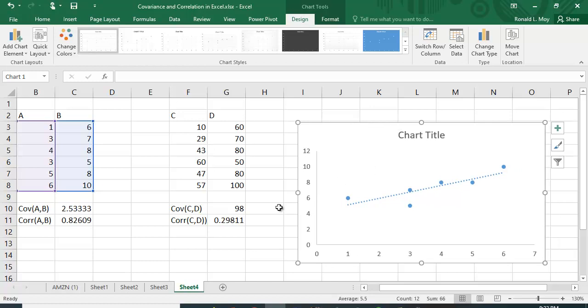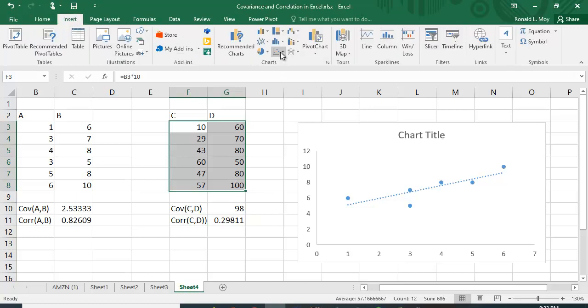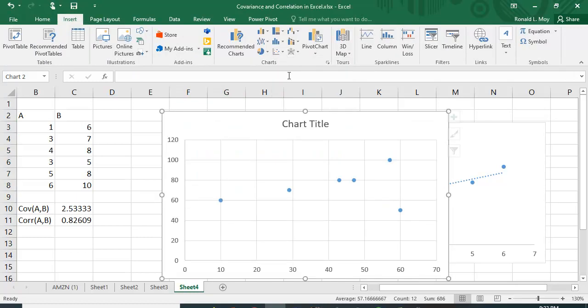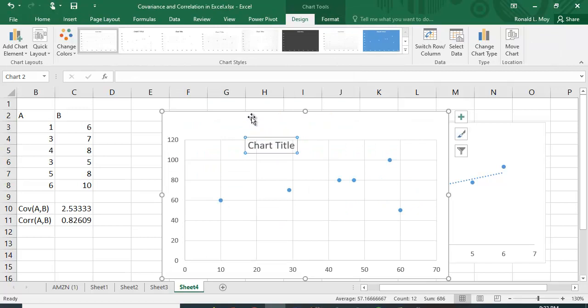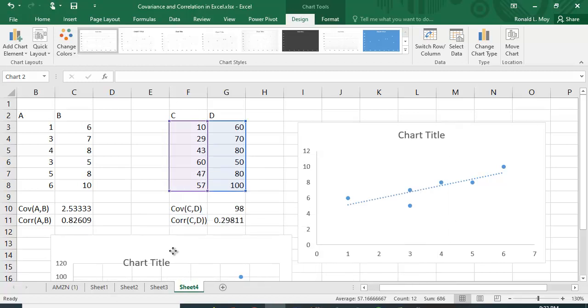Let's try C and D. So again, let's try and draw a scatter plot. And again, let me make this a little bit smaller and move this over here.